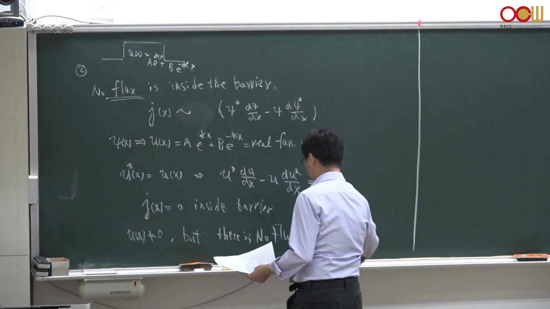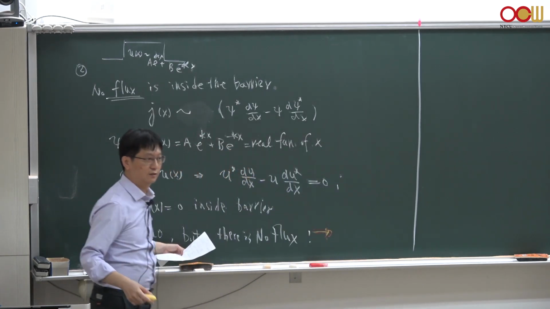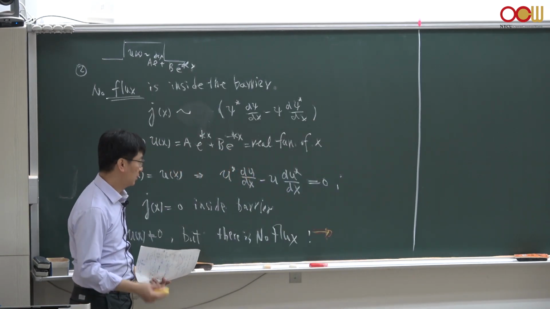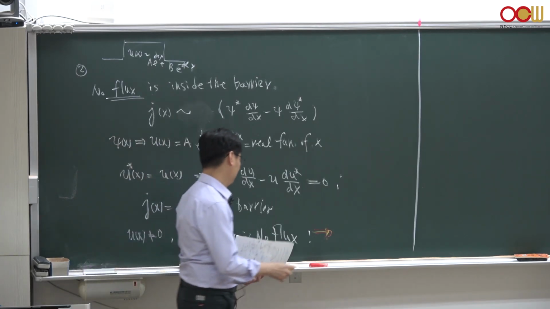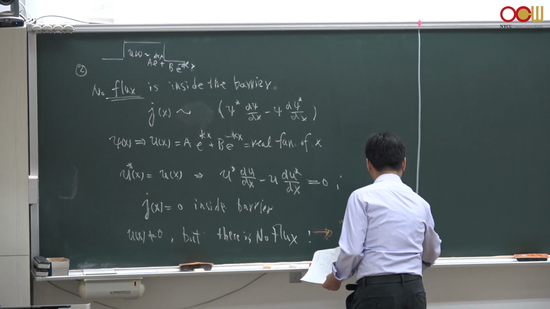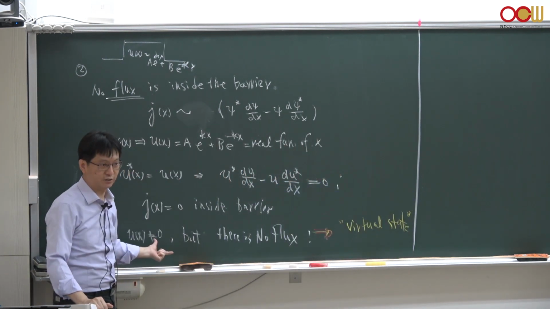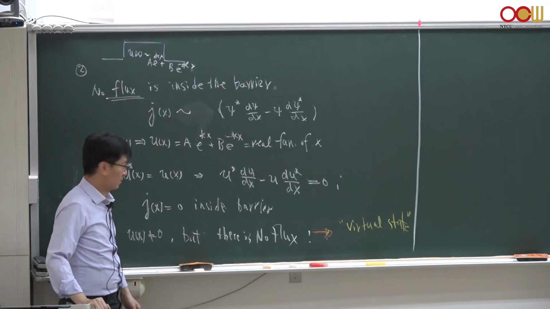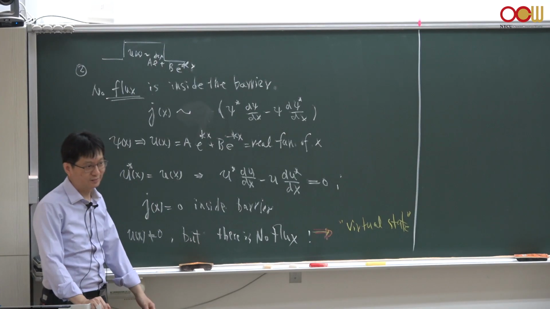Okay, so this seemingly counterintuitive statement defines precisely the essence of the virtual state. So the virtual state in quantum mechanics is precisely this. Okay, the solution is finite, but there's no flux.